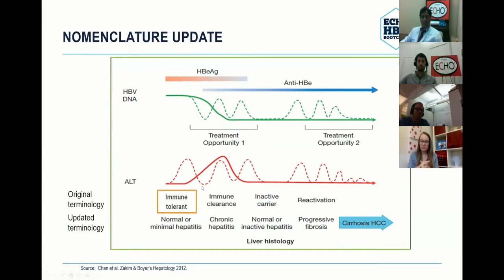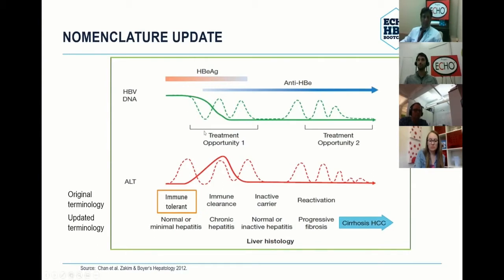So if you're not treating this patient and you want more data points about whether the ALT is elevated, I would recommend testing ALT at least every 3 months.